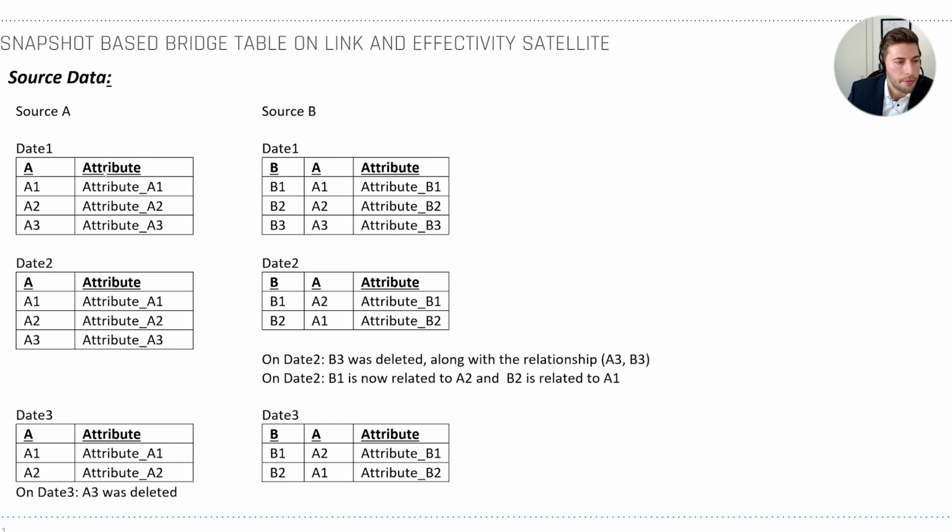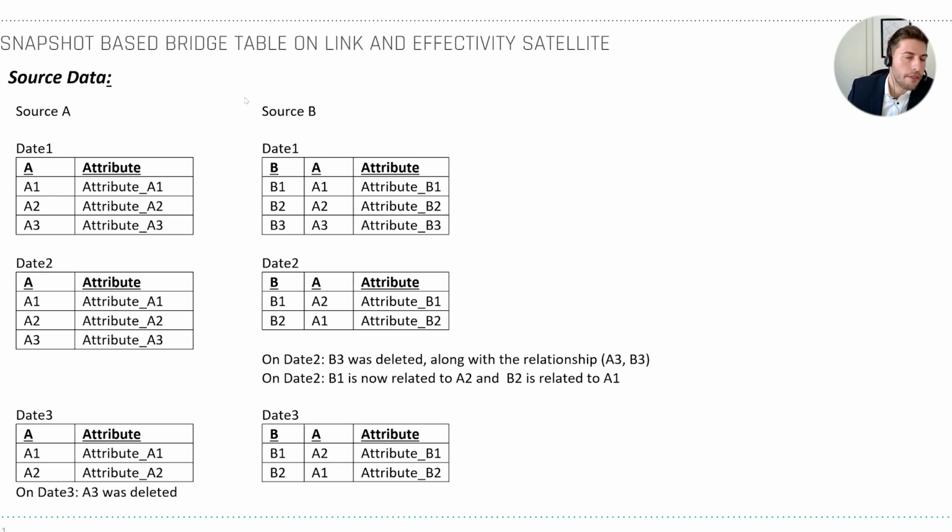And here you see an attribute over the next 3 days. You have the business objects A1, A2, A3 on day 1, A1, A2, A3 on day 2, and on day 3, the A3 is disappearing. So that's the thing to note.